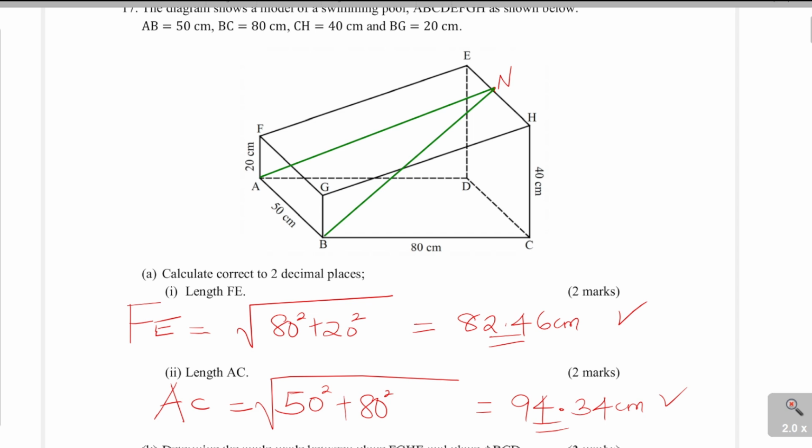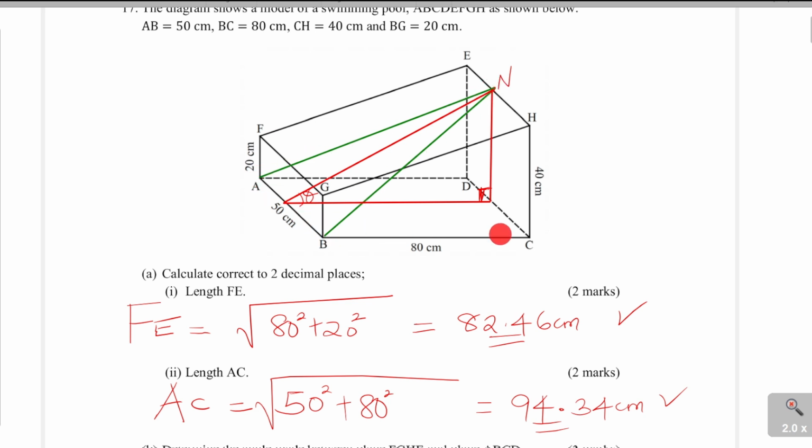Now you see plane ANB and the base ABCD. The required angle will be this angle here. Look at the line of intersection of the two planes, it is AB.